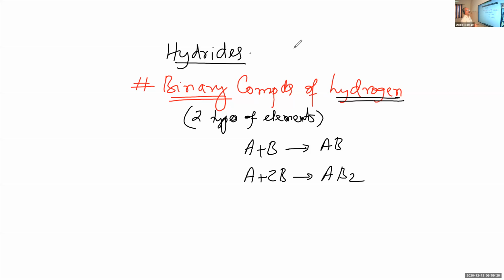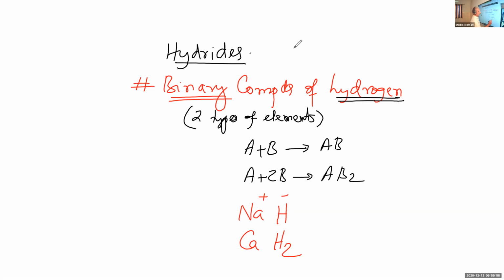So an element plus hydrogen gives the hydride. For example, NaH, sodium hydride, or CaH2, calcium hydride. Only two types of elements are there in each: sodium and hydrogen, calcium and hydrogen.